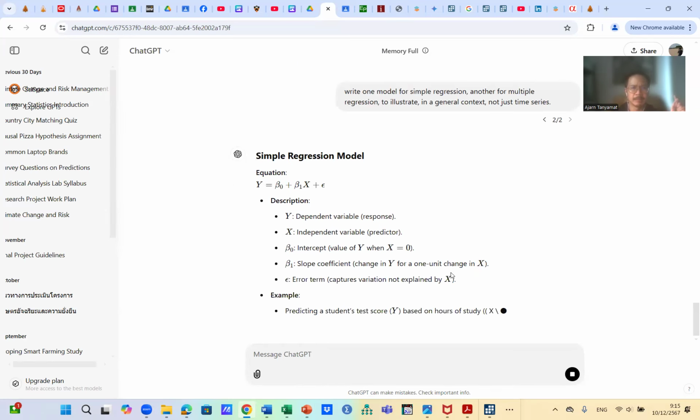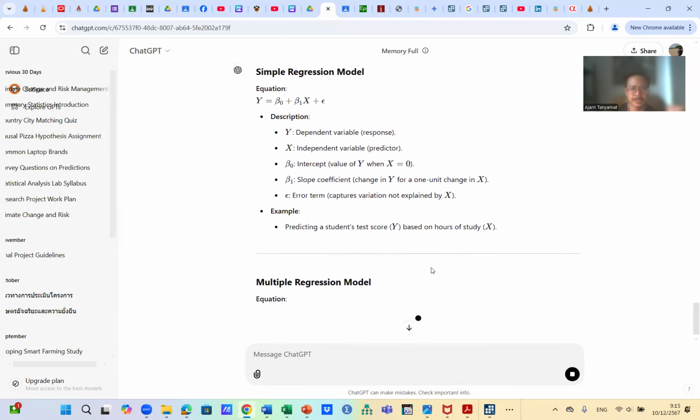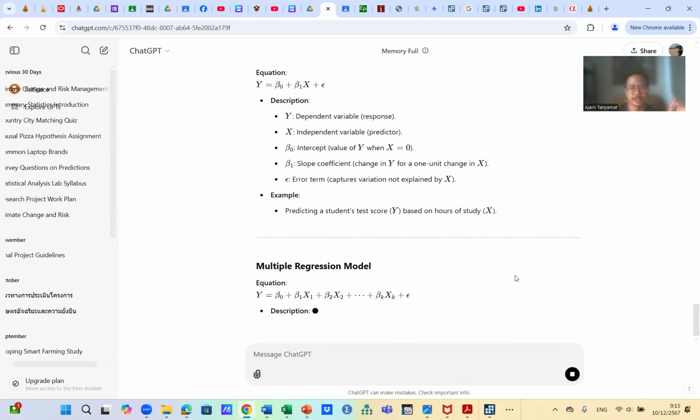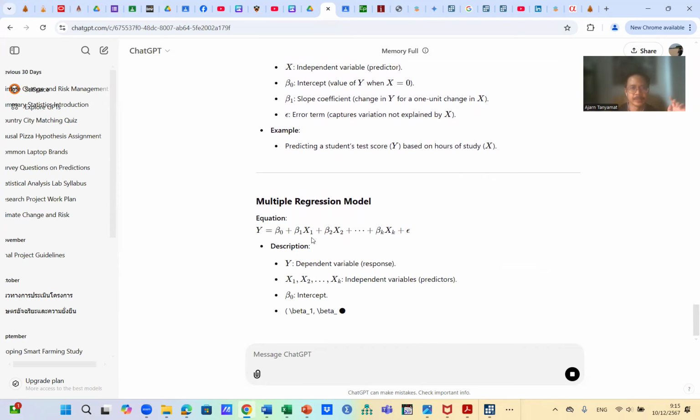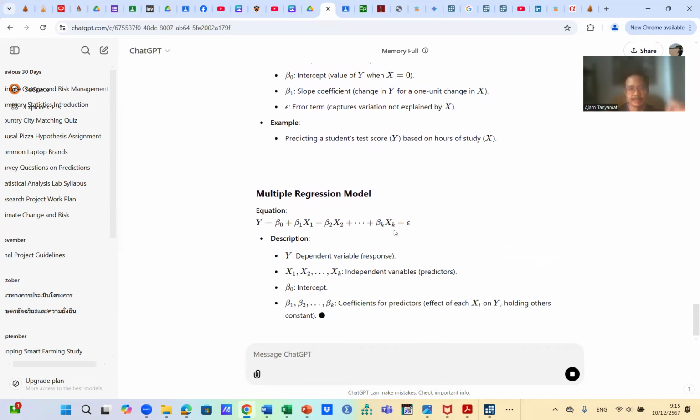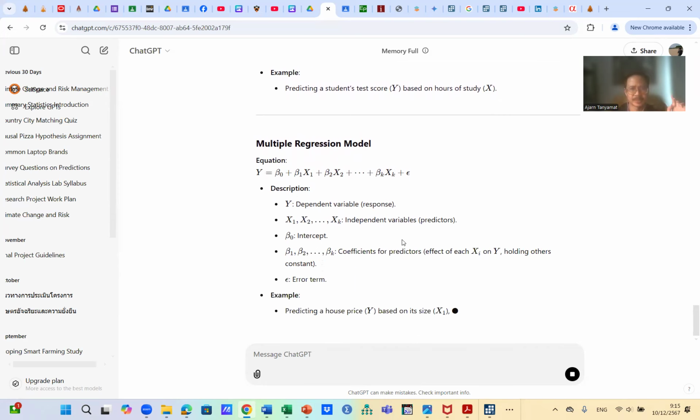But in the multiple regression, you have more than one variable. In this case that I'm showing here, we have k variables.